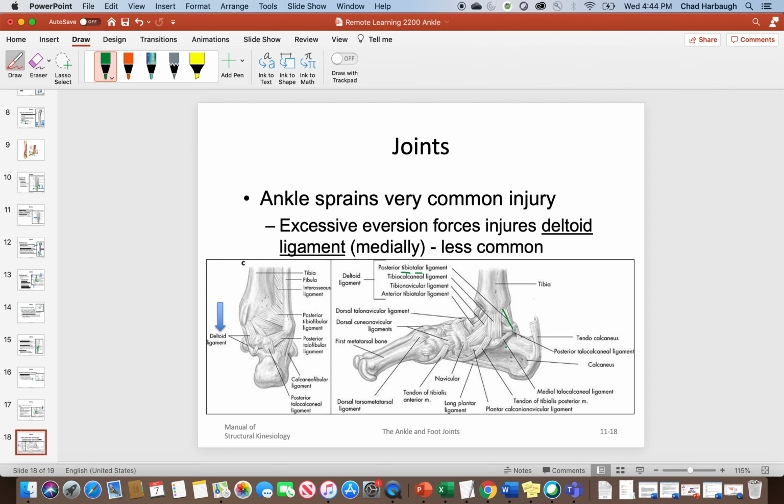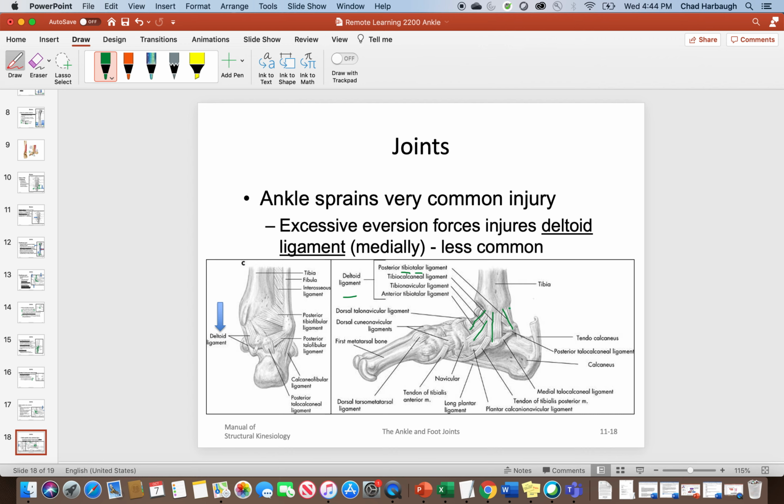And then you're going to have the tibiocalcaneal ligament, connecting from the tibia to the calcaneus. And then moving one in, the tibionavicular, which is this one. And then the next one would be the anterior tibiotalar, this one. So these ligaments make up a series of individual ligaments, but we group them together in what's called the deltoid ligament.